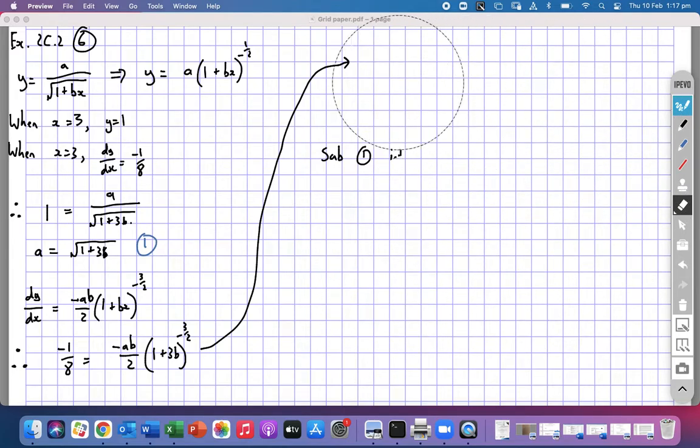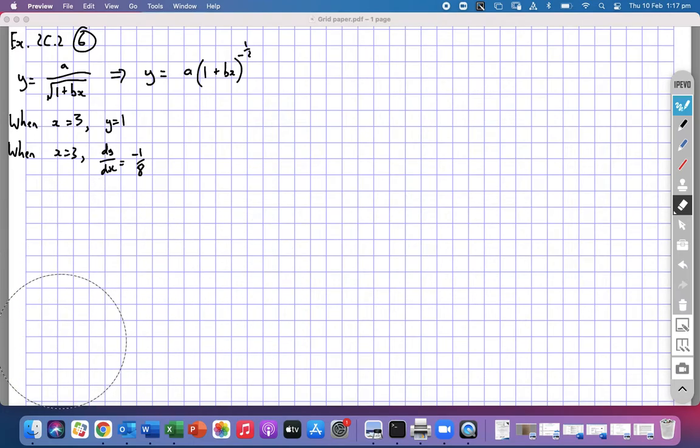I would just reiterate, I won't do it here because I'm sure the video is already long enough, but what I could do is go back to the original function, put these numbers in. So we said A was 2 and B was 1. So 1x or just x. I could then do a check and think, well, if I make my x 3, do I really get the answer of 1?